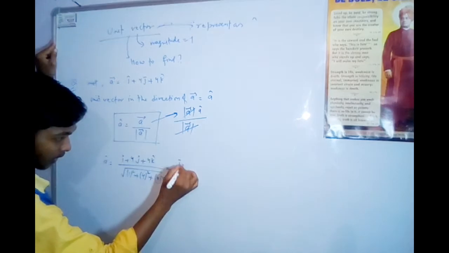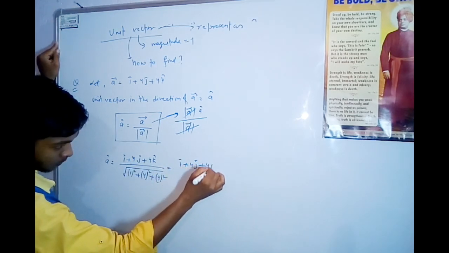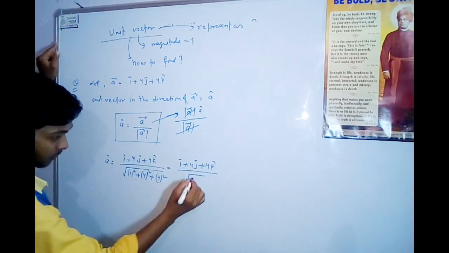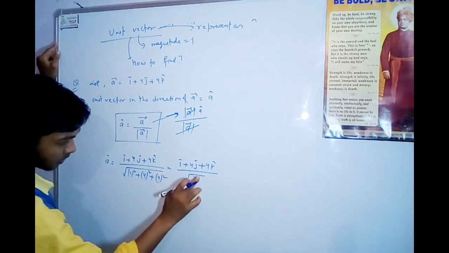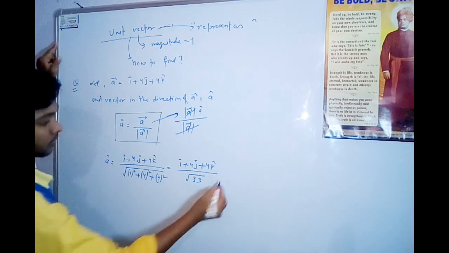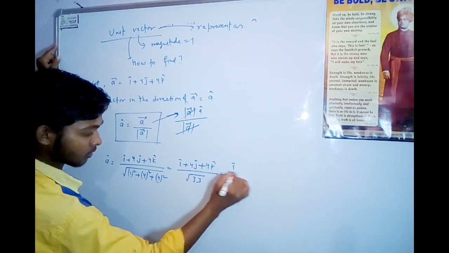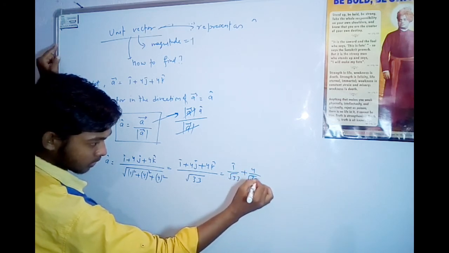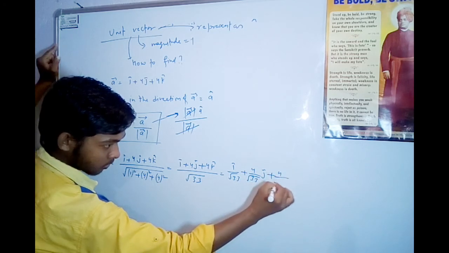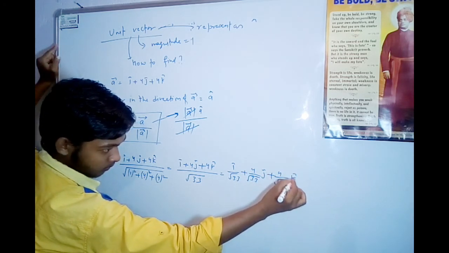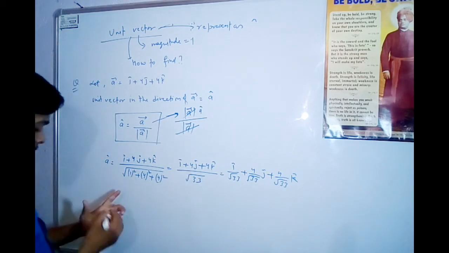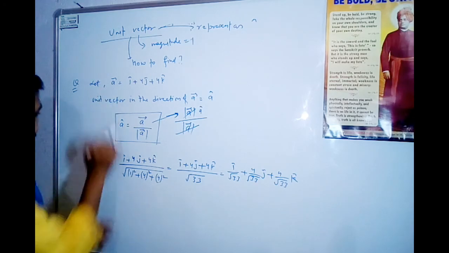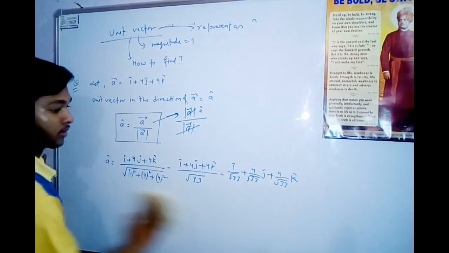So i plus 4j plus 4k divided by root under 1, 16, 16, 33. Now this can be written as i by root 33 plus 4 by root 33 j plus 4 by root 33 k. So this is basically the unit vector in the direction of a.